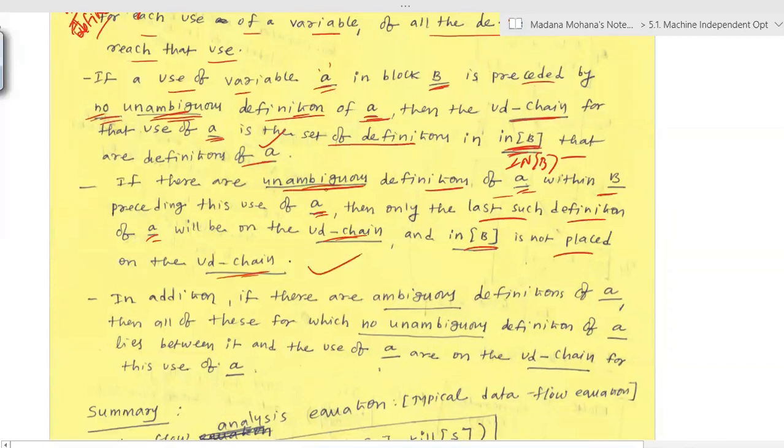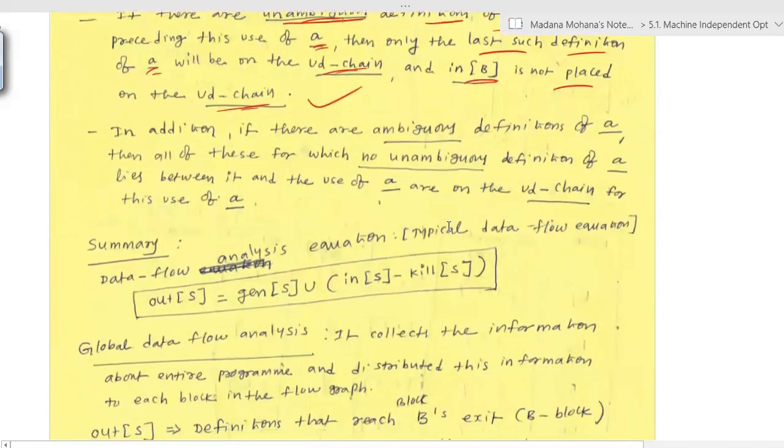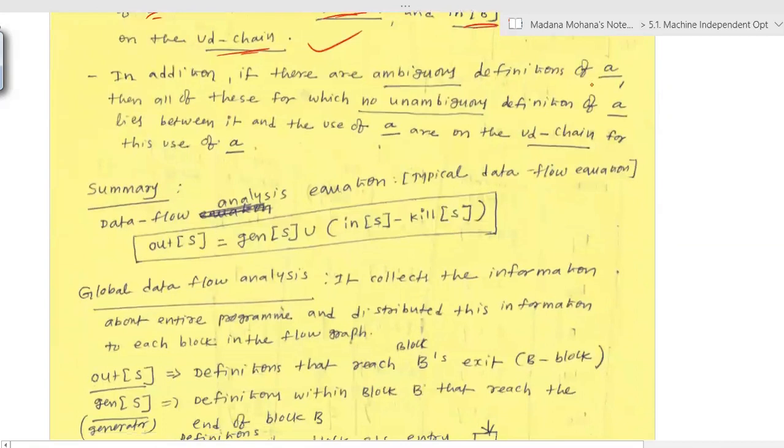In case unambiguous definitions are not used, it is simply in of B. In addition, if there are ambiguous definitions of A, then all of those for which no unambiguous definition of A lies between it and the use of A are on the UD chain for this use of A.